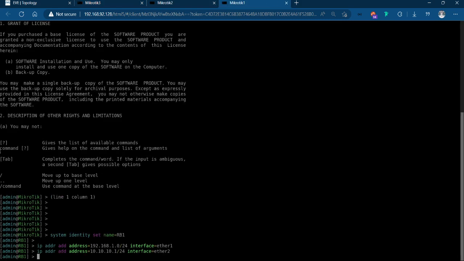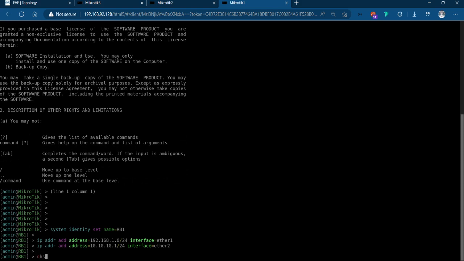Now we're going to set up the DHCP server for the router, because the client needs an IP address. The router and client that are connected need an IP address so they can communicate with each other.